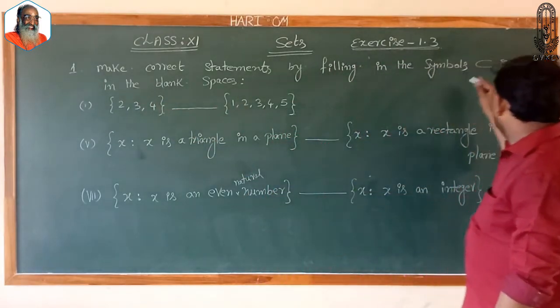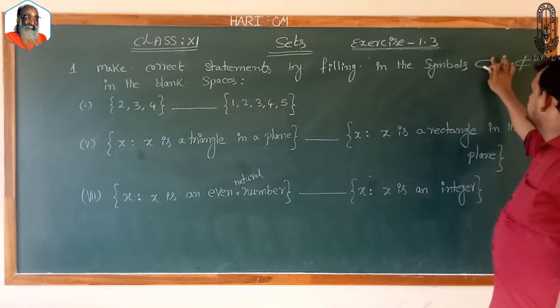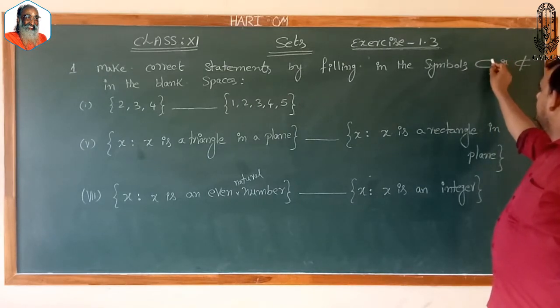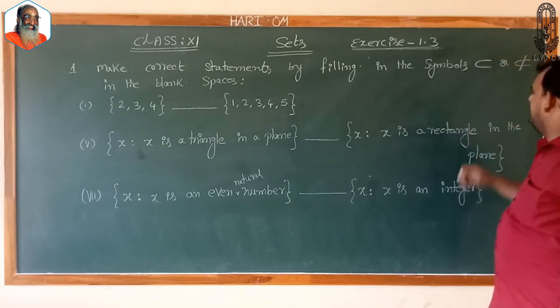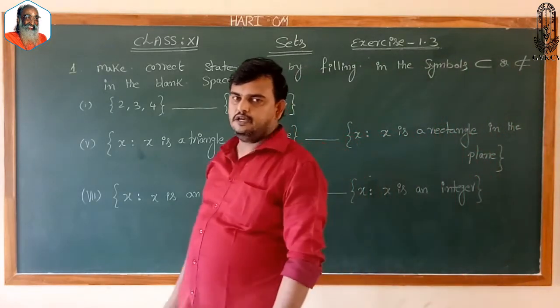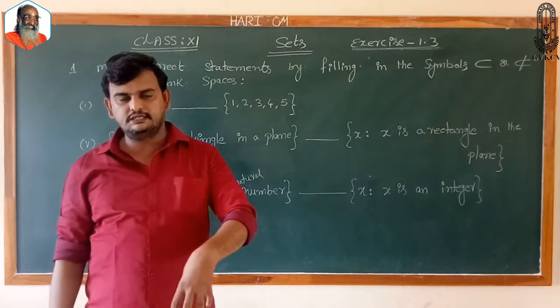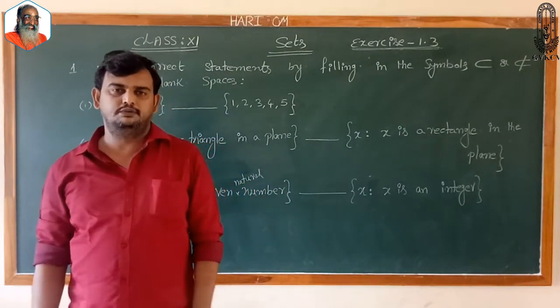We know this symbol is called subset. We had a lengthy discussion about subsets with many examples. Subset means subpart. Our classroom is a subpart of a school, so it is a subset. Like that, we discussed many examples.